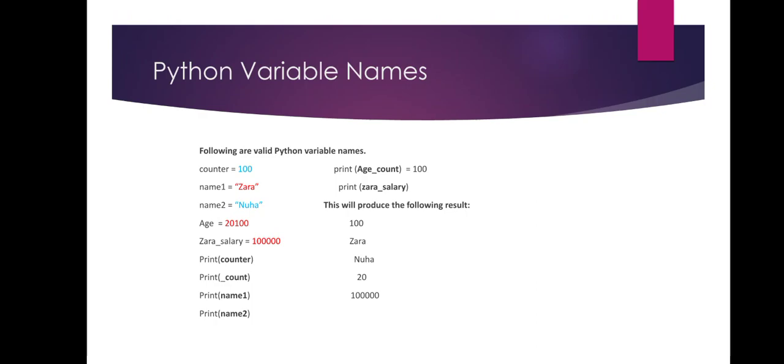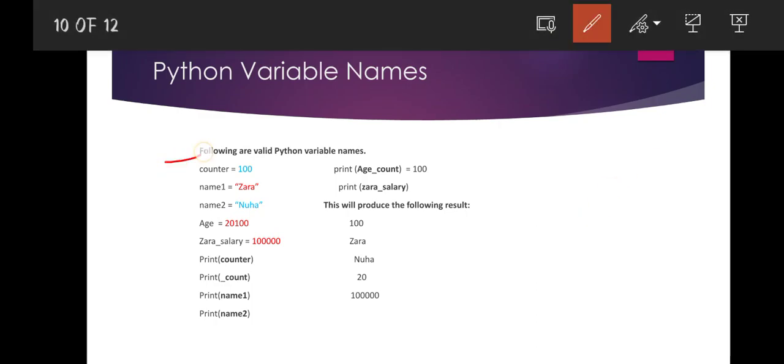Now we see the following are some of the valid Python variable names. The first one is counter equals 100. This is a valid Python variable name, because it starts with a letter.